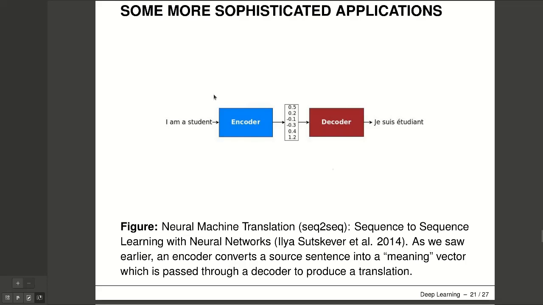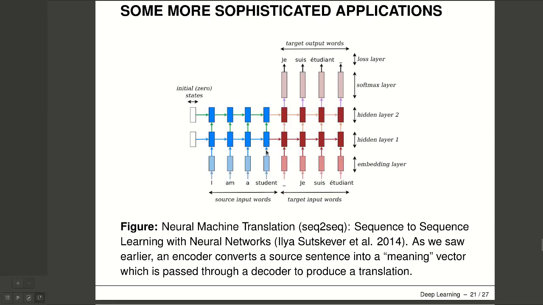As we saw earlier, an encoder converts the input sequence to a meaningful vector, which we call the context vector, and the context vector is later taken by the decoder, which is again composed of a series of recurrent units, and then we can predict the output with different sequences. Encoder and decoder architectures can have more than one layer, as you can see in this example, which has two hidden layers.